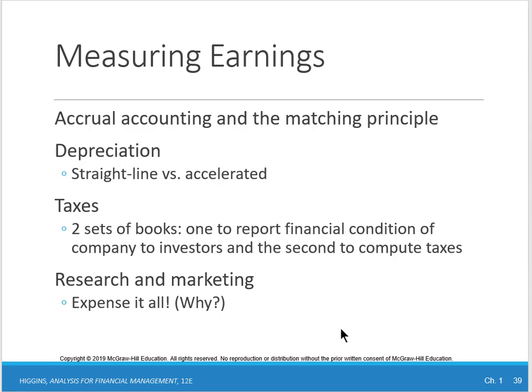An example of this is salaries or wages. So let's say that the payday is Friday and the end of the month is Wednesday. Well, you want to show statements for this month, but that month ended Wednesday. You have Monday, Tuesday, and Wednesday's pay, but you're not going to write that check until Friday.